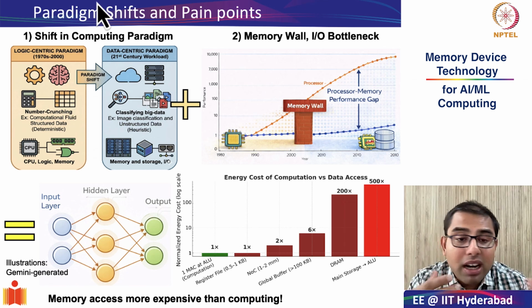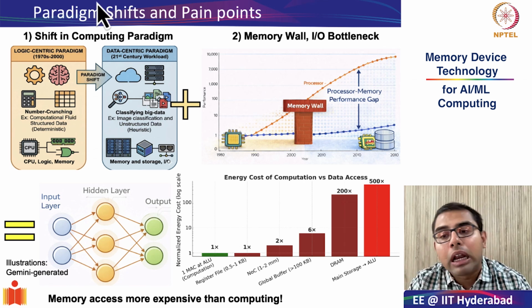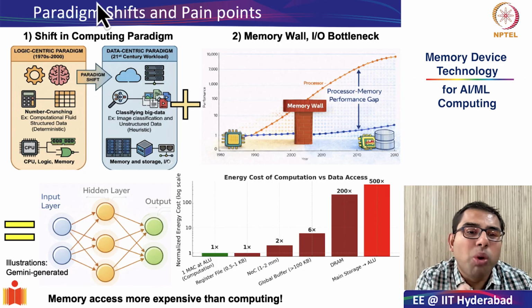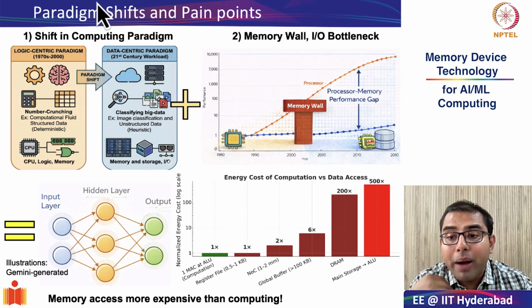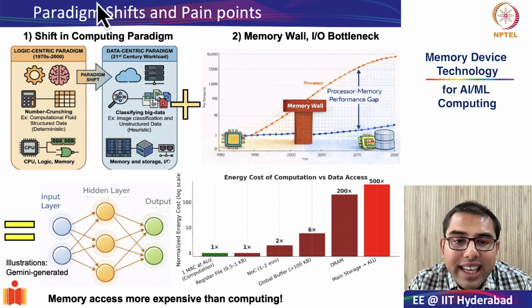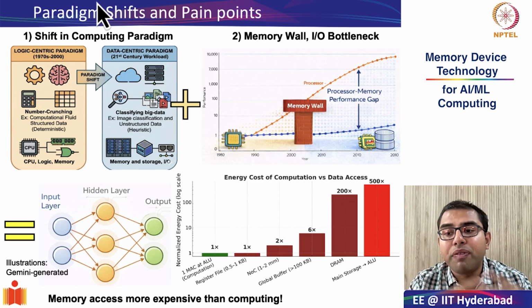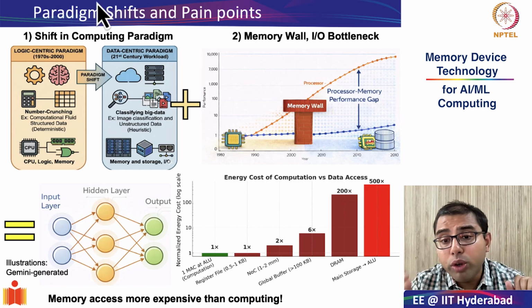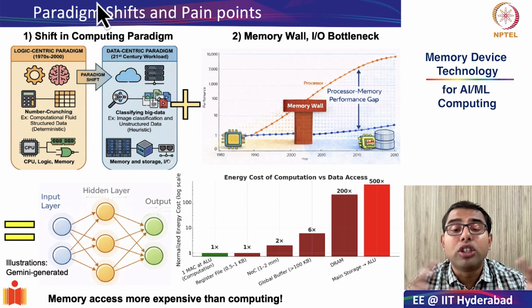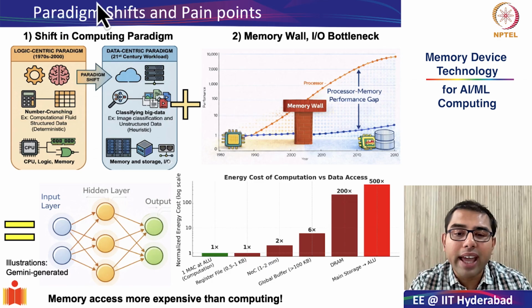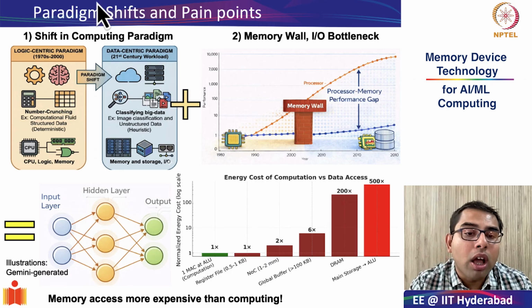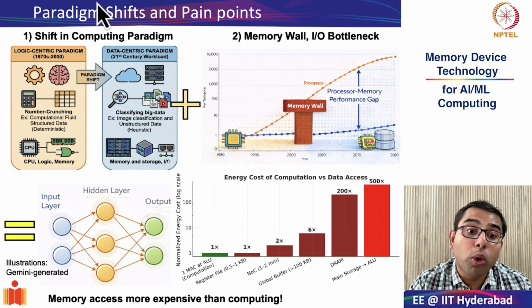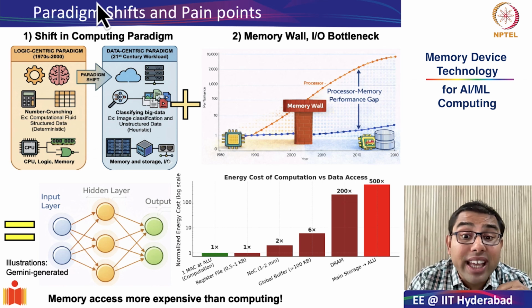And as you can see from your familiar bar chart, an ALU access costs 1 unit of energy, but fetching data back and forth from the DRAM or from the main storage, from the flash, can cost up to 200 to 500 times that of an ALU instruction. So basically, the bottleneck of modern day computing is that we are no longer compute bound. Memory accesses have become much more expensive than computing itself.